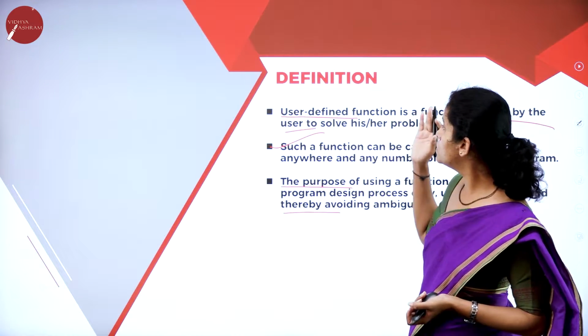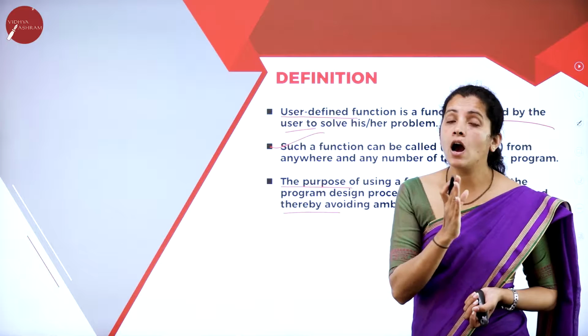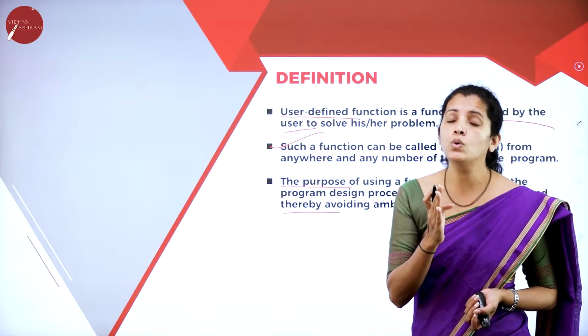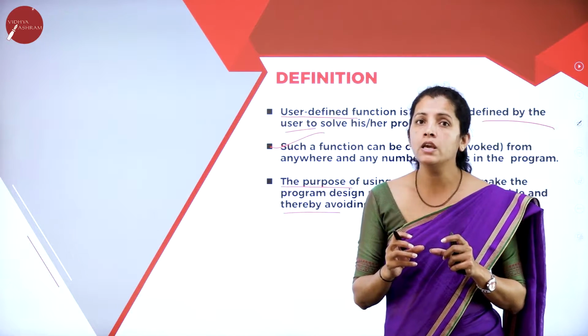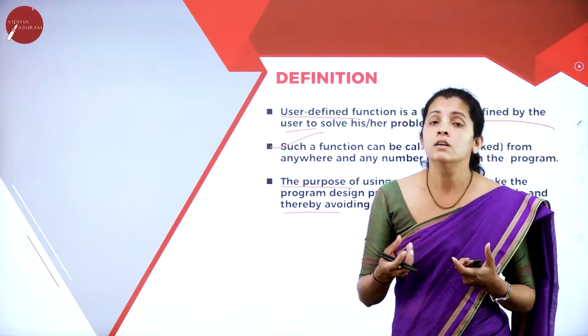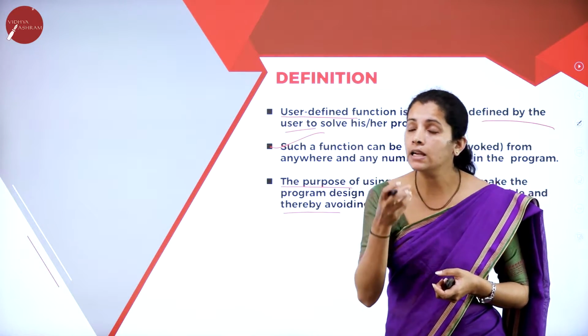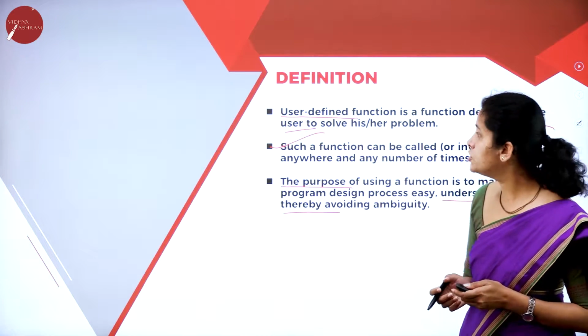These functions are defined by the user to solve her or his problem based on the user's need. She or he writes the program, and that kind of program is called a user-defined function.